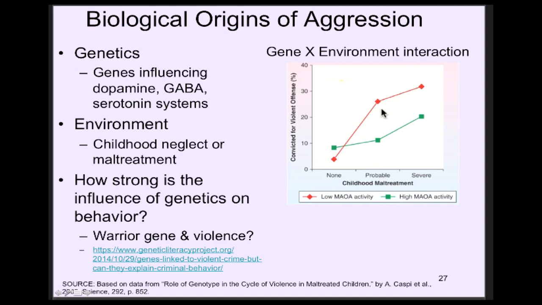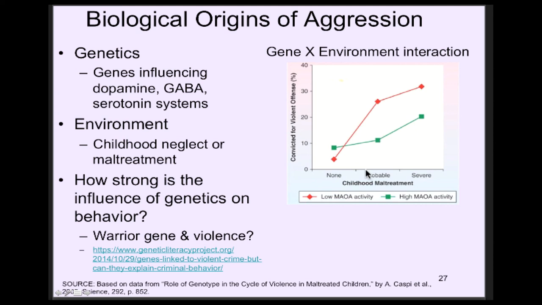And as we can see here, once there is probable or severe childhood maltreatment, we can see that the percentage of those who are convicted for violent offenses goes up to about 30%. And that's higher than what we see in those who don't have the genetic predisposition for low serotonin based on this gene.